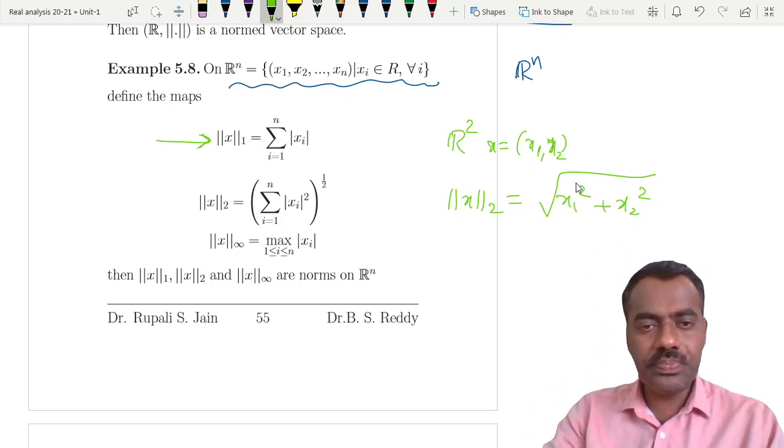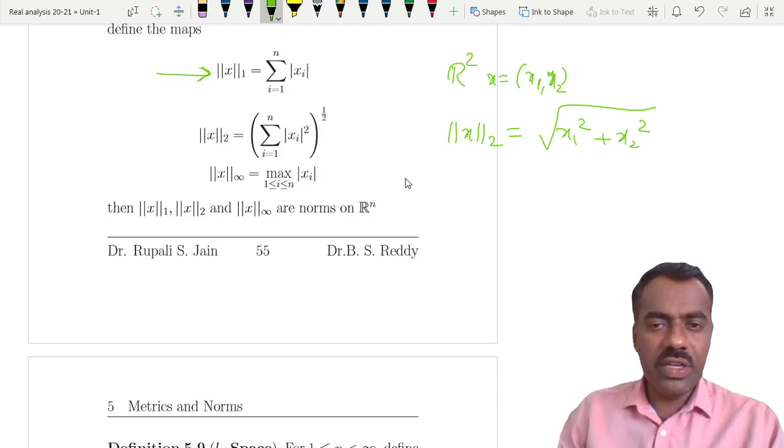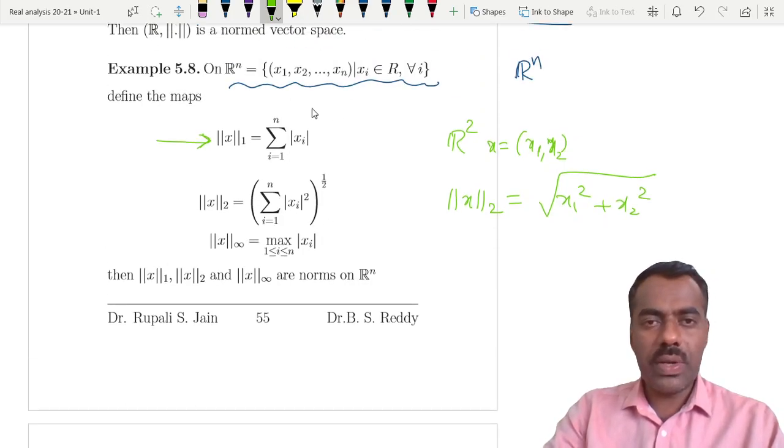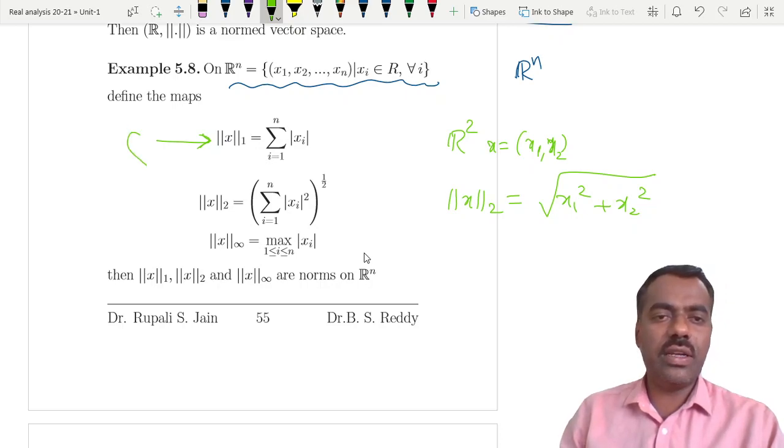Then we can also define what is called the infinity norm. This is nothing but you take absolute values and take the maximum among all those coordinates. The maximum of absolute values of those coordinates is called the infinity norm, and on Rn you can have three different norms. Just verify whether they satisfy all the norm conditions or not.